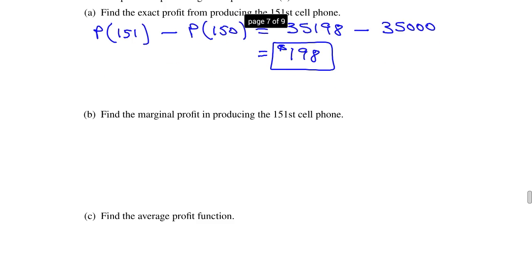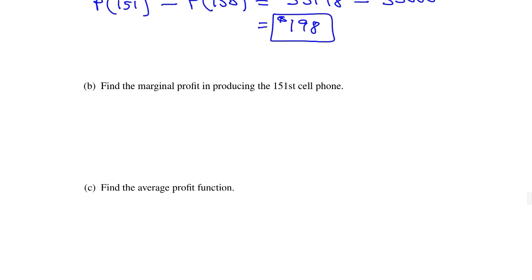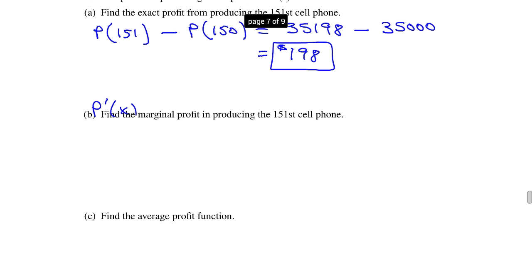Question B, find the marginal profit in producing the 151st cell phone. So for marginal profit, we need the derivative. And that derivative would be negative 4x plus 800. Now, the marginal profit in producing the 151st cell phone uses the one before it as the basis for the increase.